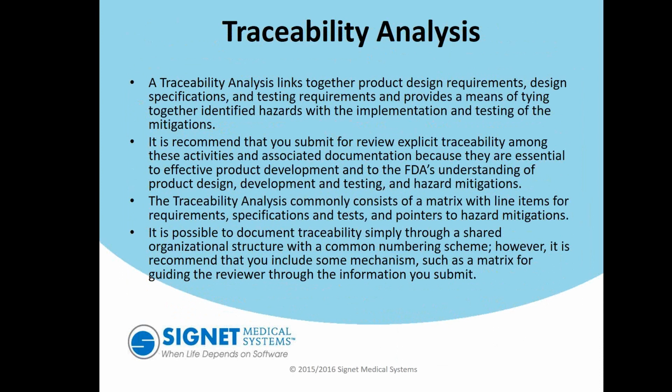I've done it on spreadsheets and it has functioned well. It's kind of possible to document traceability through a shared organizational structure with common numbering scheme. However, it really is recommended that you do some kind of traceability matrix so that the reviewer can go through the information that you submit.